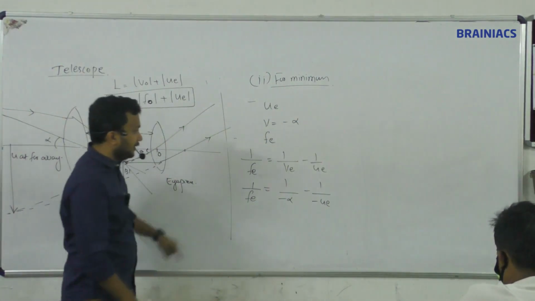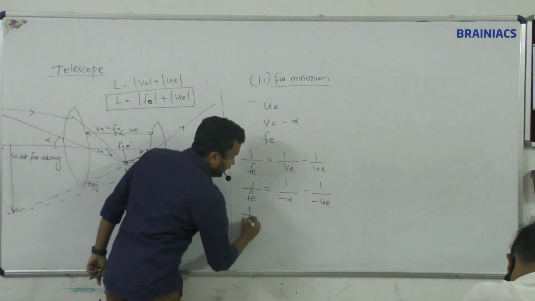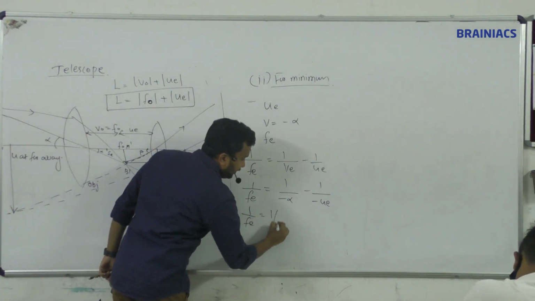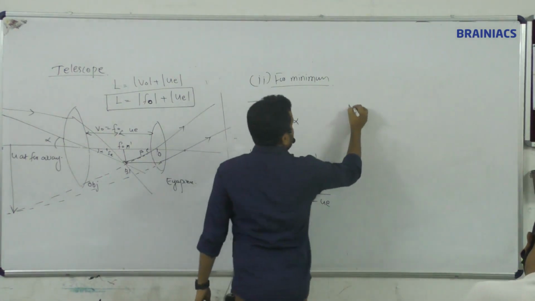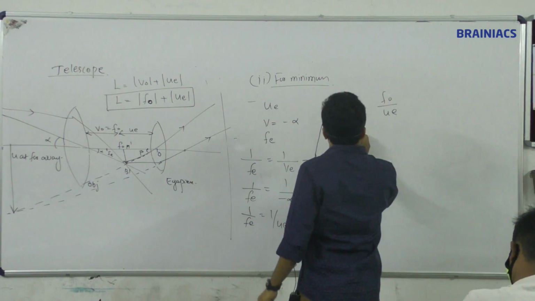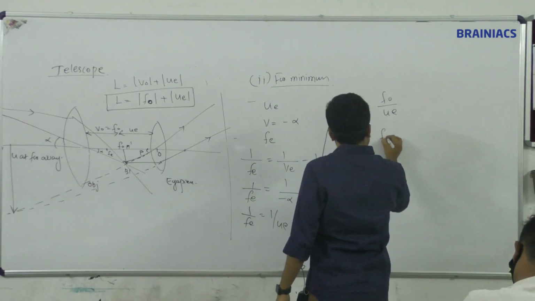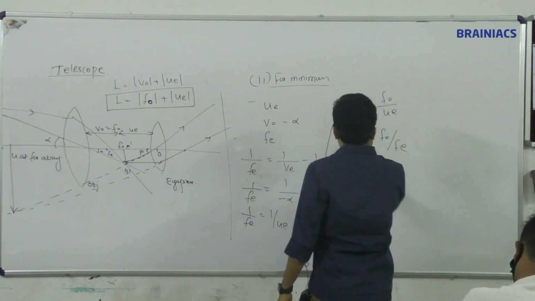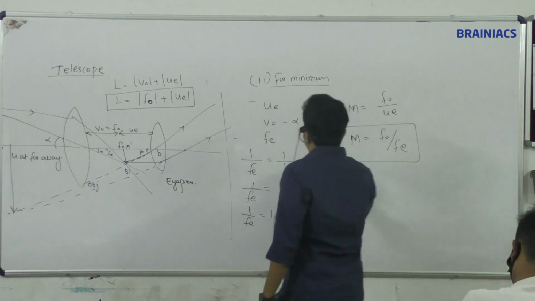So what I'll get? 1 by FE is equal to 1 by UE. So the magnification formula we got, F naught by UE, gives magnification M equal to F naught by FE. Minimum magnification.